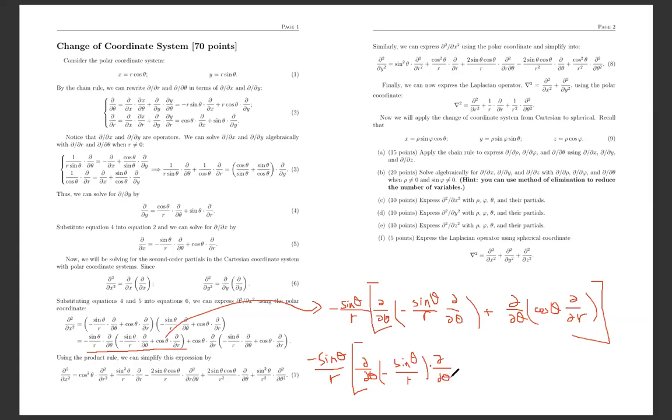So let me remind you what the product rule is: that is the partial f times g plus f times partial g.